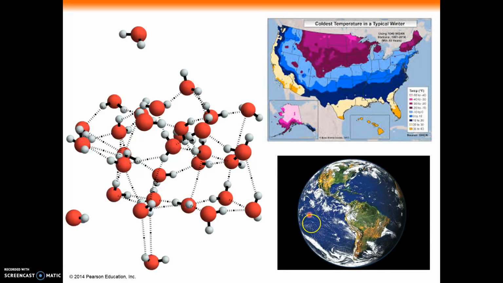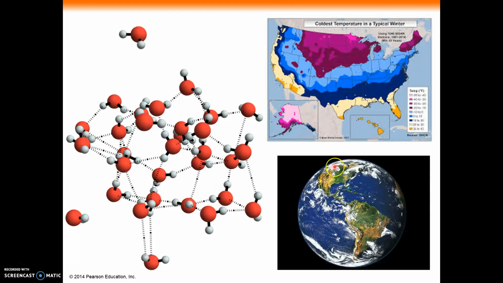Consequently, if you look at the globe as a whole, we are mostly a water planet. Consequently, we can retain a lot of heat within the Earth itself. Think about this in terms of winter and summer cycling.